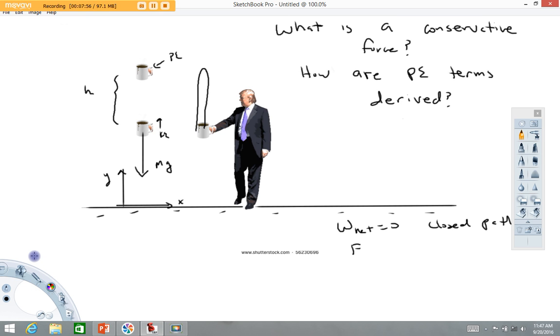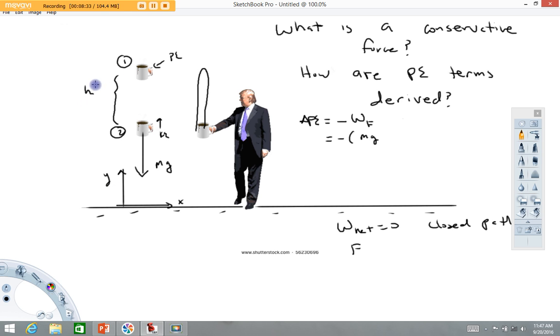Here's how potential energies are determined. The change in potential energy is equal to the opposite of the work done by the conservative force. So in this example, if I call this position 1 and this position 2, and we look at the work done by the gravitational force, the force is mg, and in terms of y, we've got a y1 and a y2.